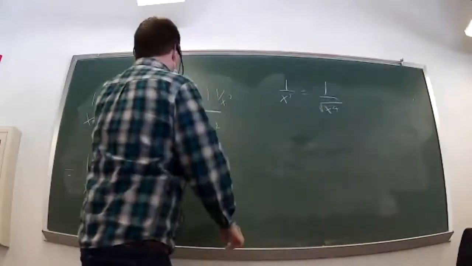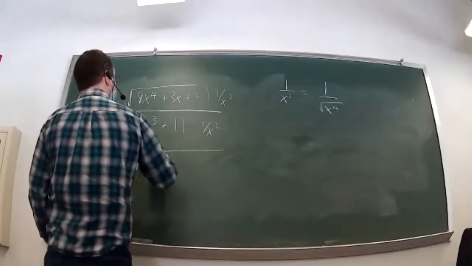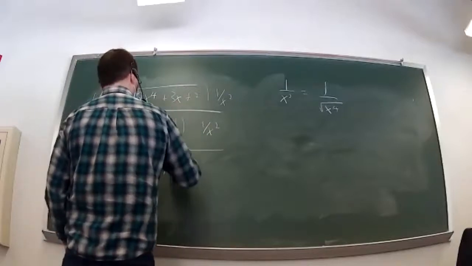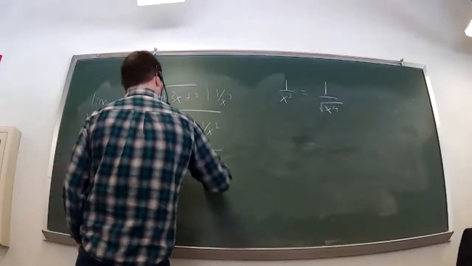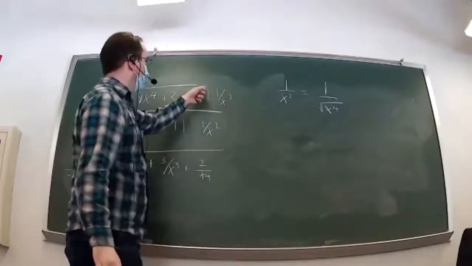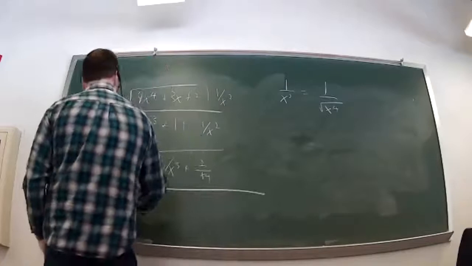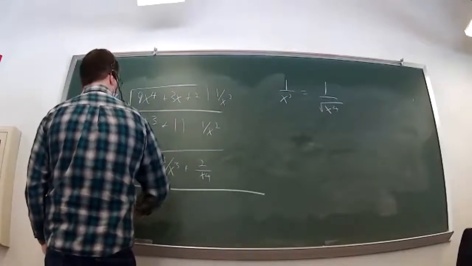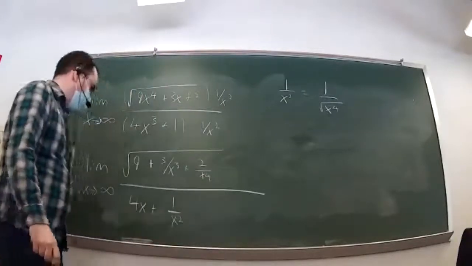So if I bring this inside, I'm going to get the square root of 9x to the 4th over x to the 4th plus 3 over x cubed plus 2 over x to the 4th, just bringing that inside and distributing out. Then everything divided by 4x plus 1 over x squared.